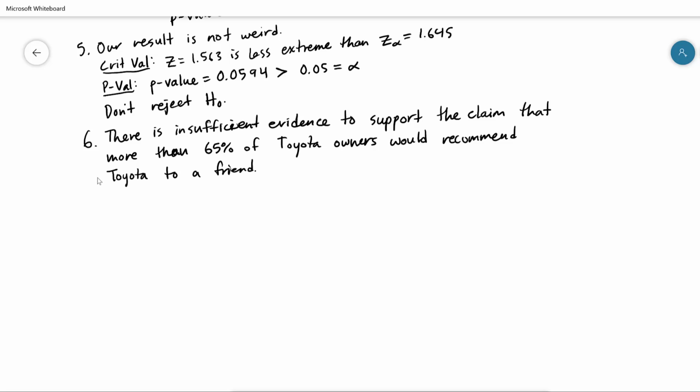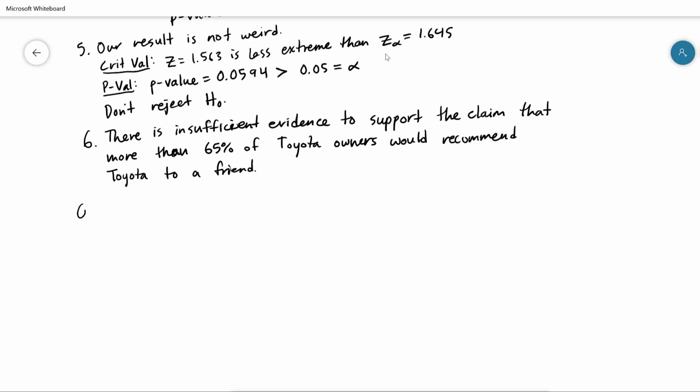There we go. This is our plain English conclusion. Again, notice I don't mention anything about a null hypothesis here. I don't mention anything about a p-value or a significance level or anything like that. It's just a plain English sentence. There's insufficient evidence to support the claim that more than 65% of Toyota owners would recommend Toyota to a friend. So that's our conclusion. It's really close, it's almost strong enough, just not quite there.